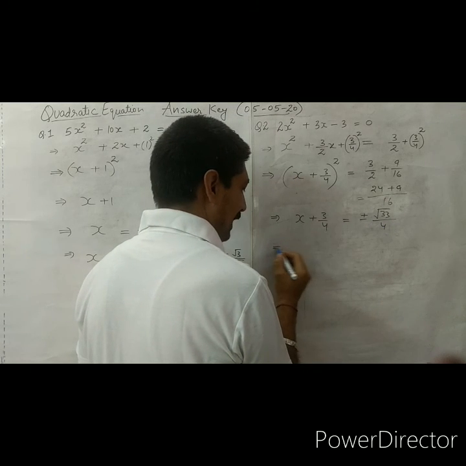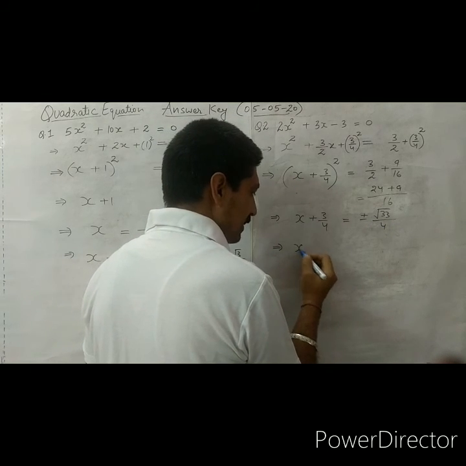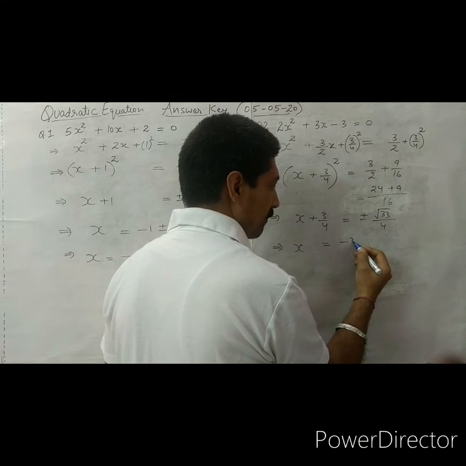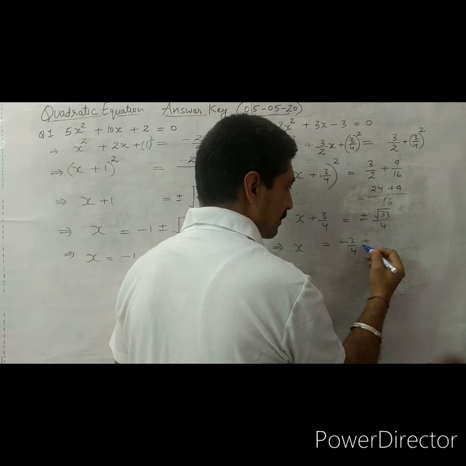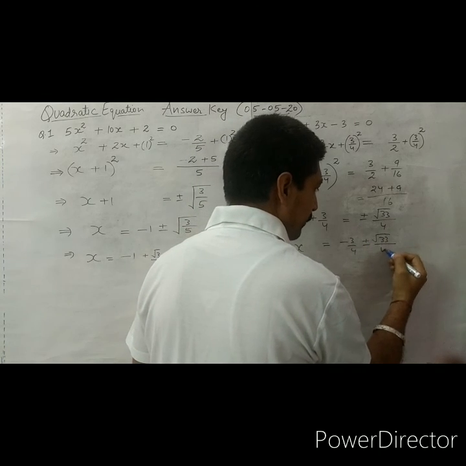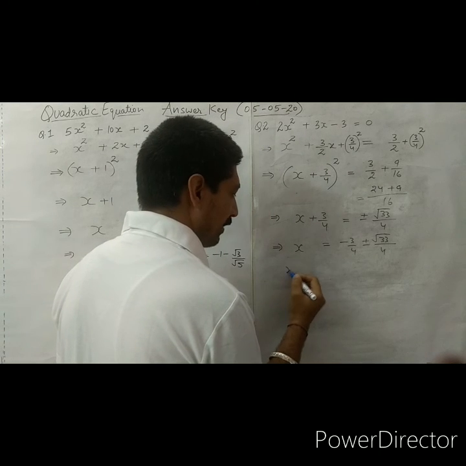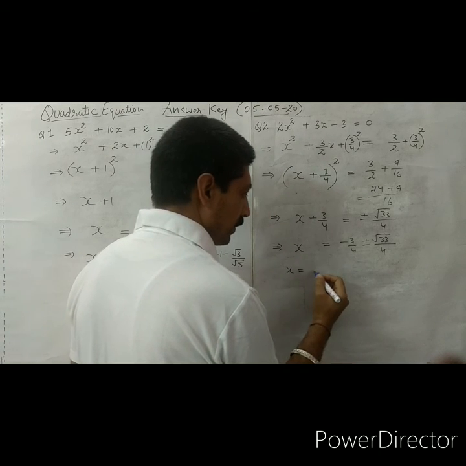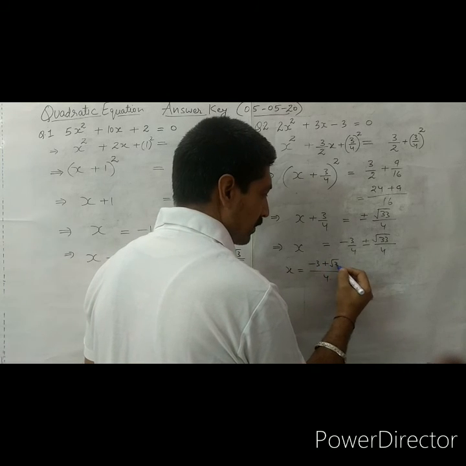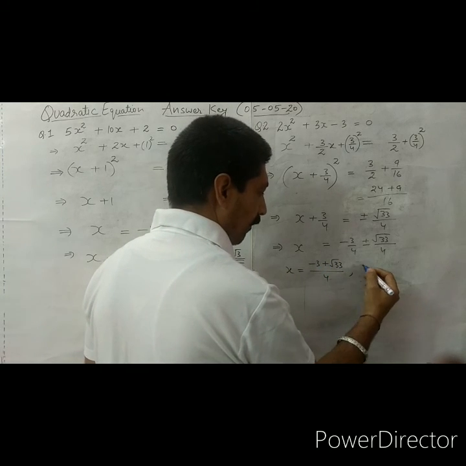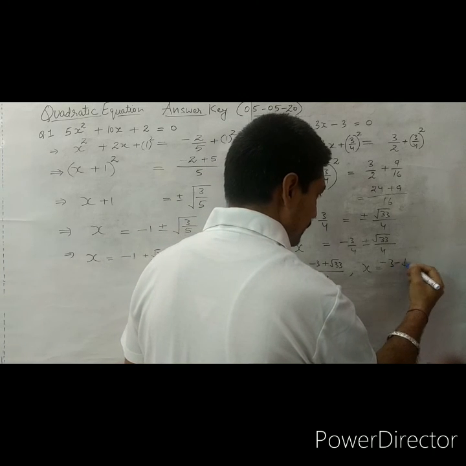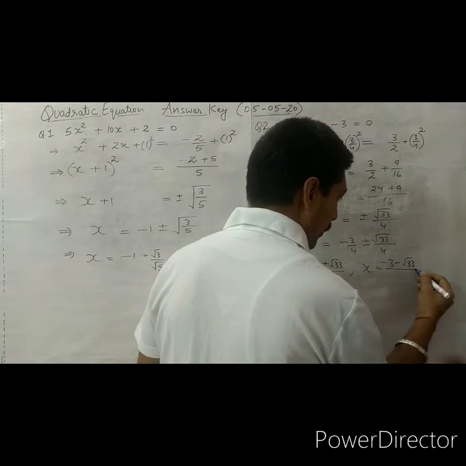So this further implies that x is equal to minus 3 upon 4 plus minus under root 33 divided by 4. So one value of x is equal to minus 3 plus under root 33, and the other is minus 3 minus under root 33, upon 4.